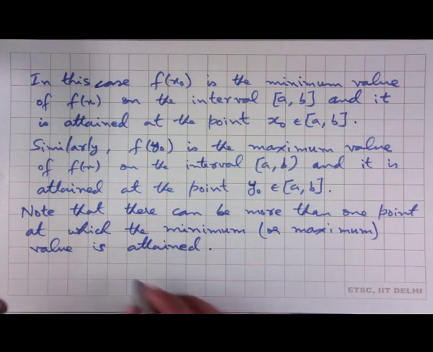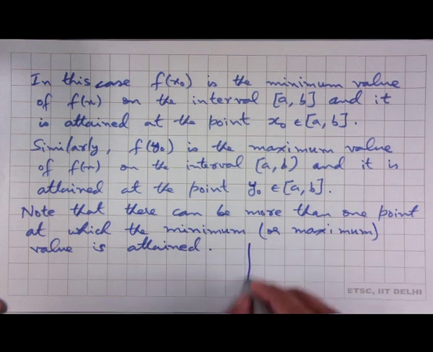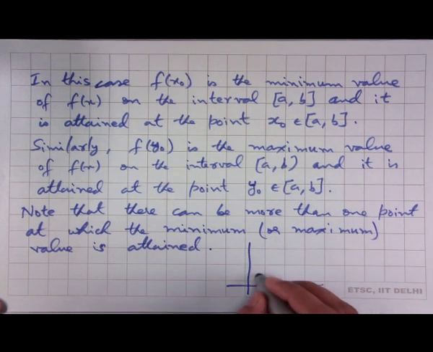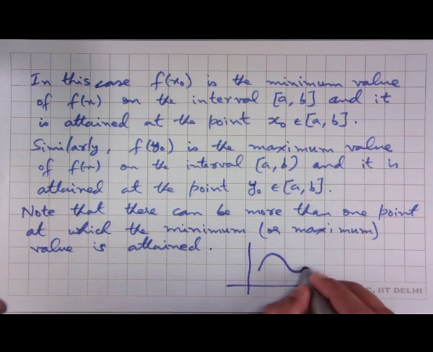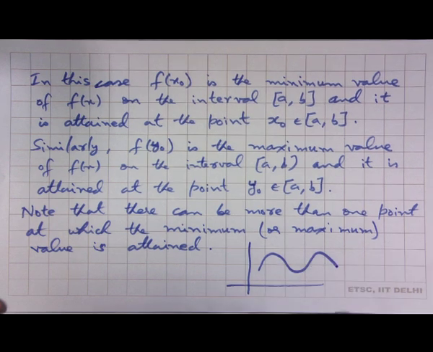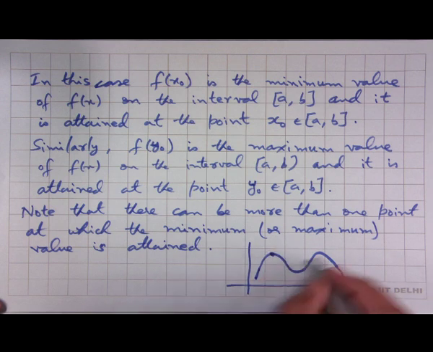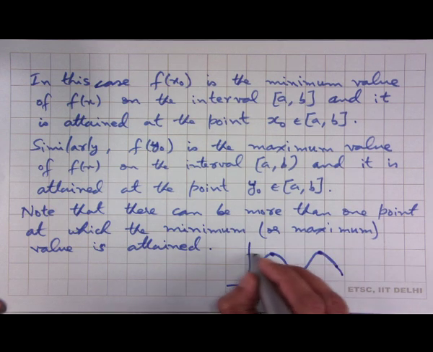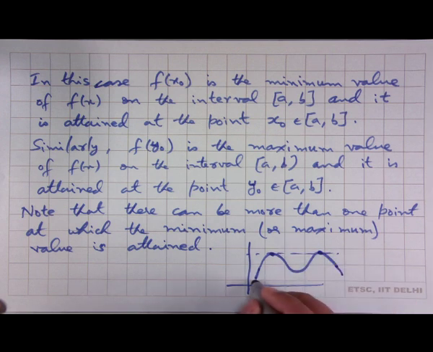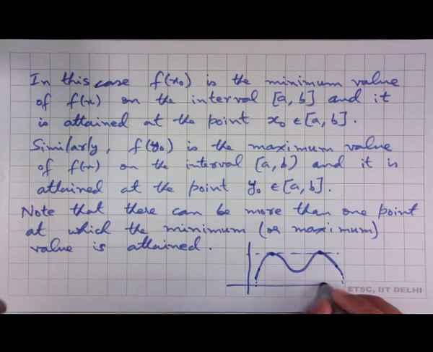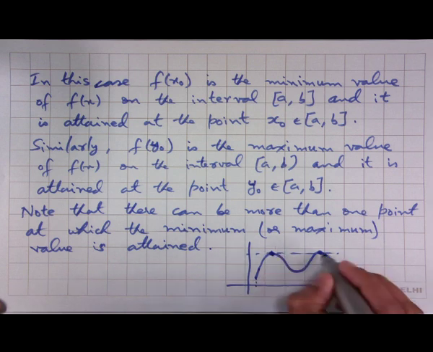For example, we can have a function, so if you see this function, it attains this maximum value at these 2 points.